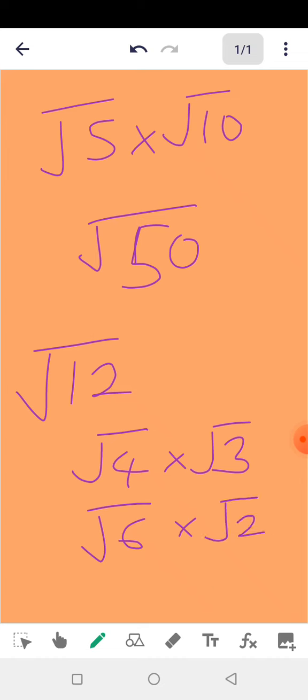These are the two possible ways I can write them. Now, if you are writing it as square root of 12 times square root of 1, it is like repeating what you have just said. So, the simpler version of square root of 12 will be square root of 4 times square root of 3 and square root of 6 times square root of 2. I believe this is clear. So, that's the first rule of surds.